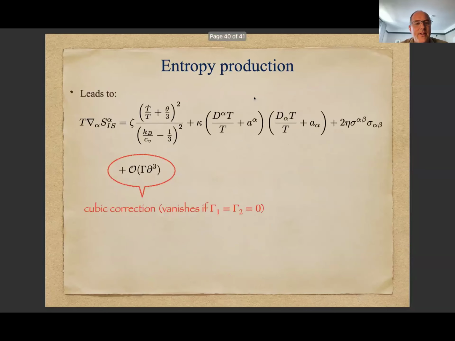The contributions that are independent of capital gamma give you the first line here, and this is quadratic. Remember these transport coefficients are strictly positive, so this is positive definite. However, there are some cubic corrections that vanish if gamma 1, gamma 2 is 0.